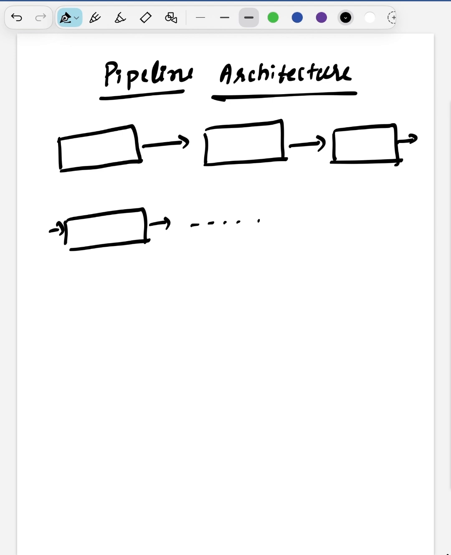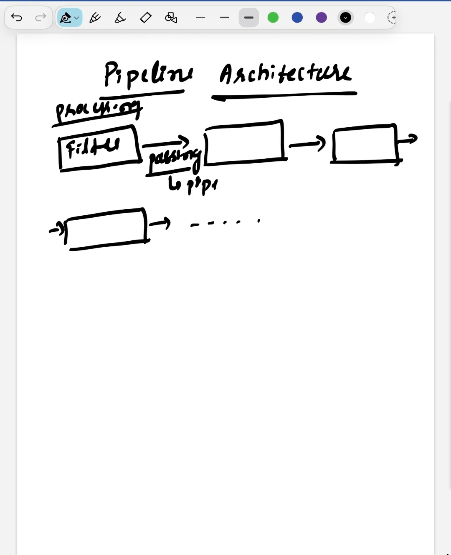In the same way, pipeline architecture has two main components: a processing step and a data passing step. In architectural terms, the processing step is called a filter, and the passing step is called a pipe.